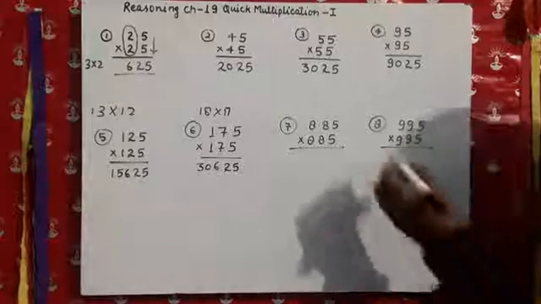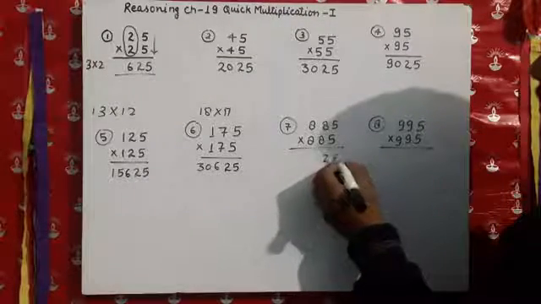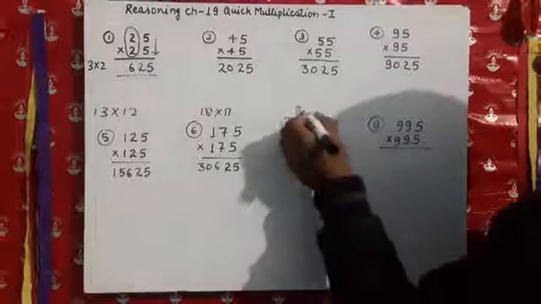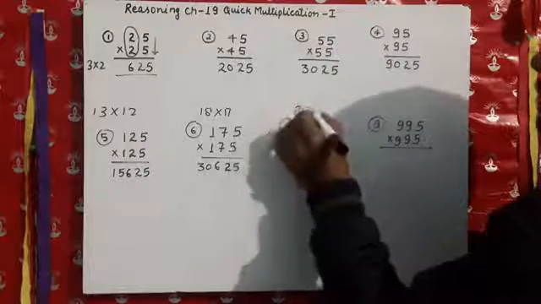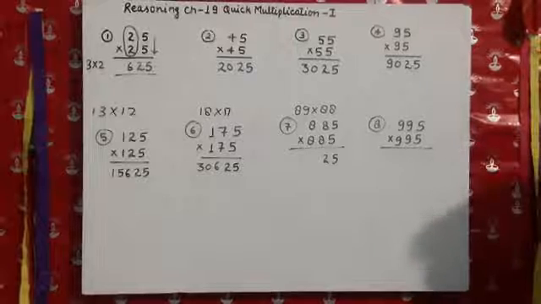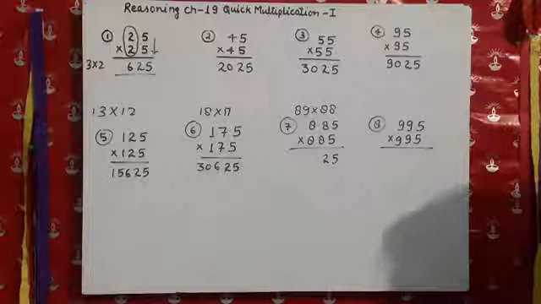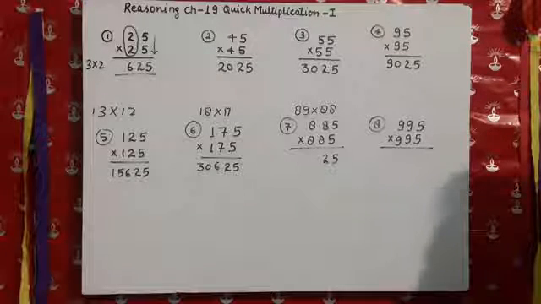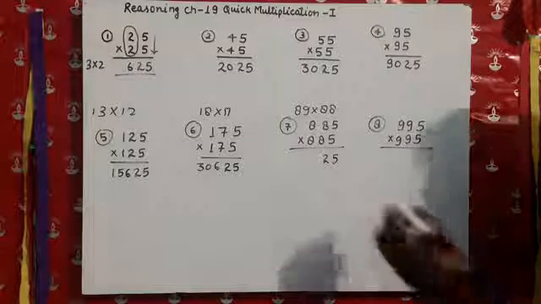Now similarly 5 fives are 25, and 89 multiplied by 88. We have to find the product of 89 and 88, and then we get 7832.